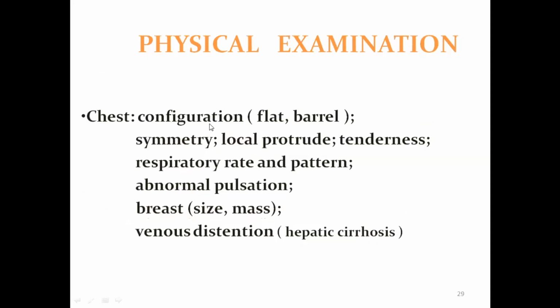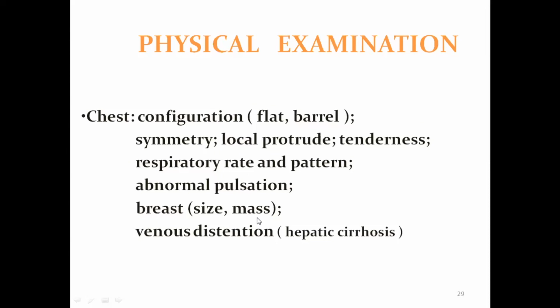Okay, chest. Next is the chest. So in the chest configuration we will see whether it is a flat chest or a barrel chest. Okay, symmetry or local protrusion, anything protruding out from the chest, tenderness, respiratory rate and pattern, abnormal pulsations on the chest area, and also you have to check the breast, its size, any mass.